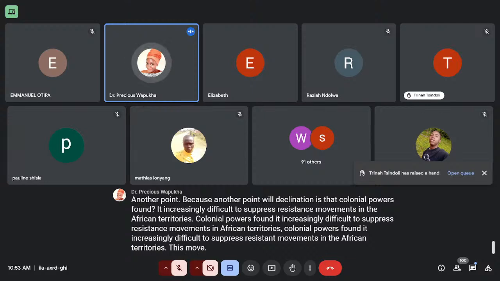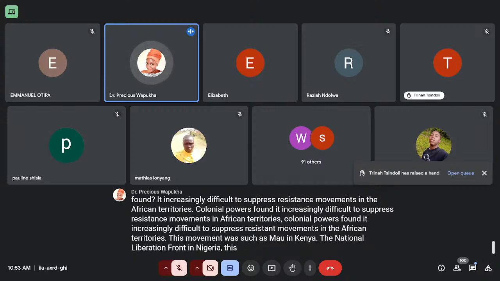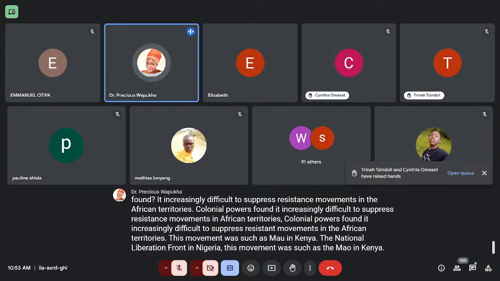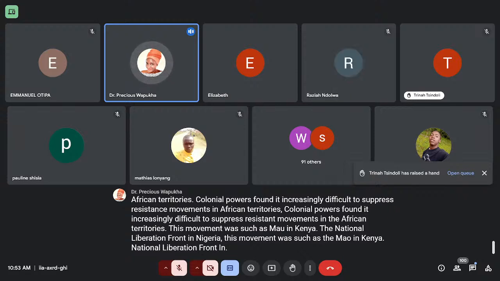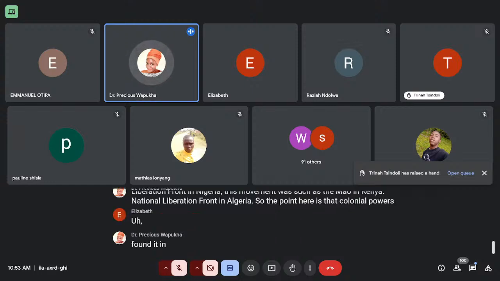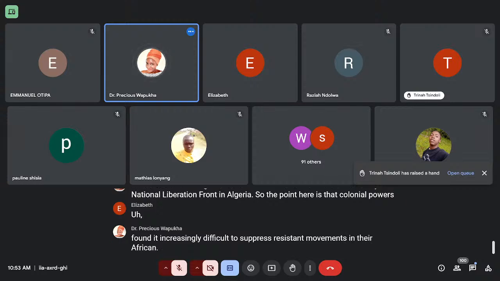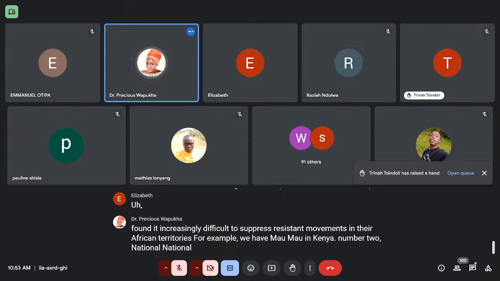These movements were such as the Mau Mau in Kenya, and the National Liberation Front in Algeria.